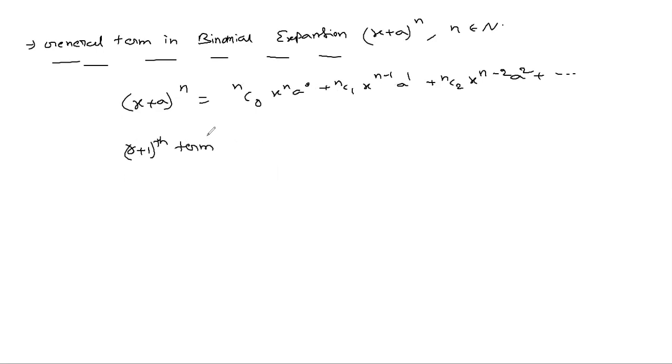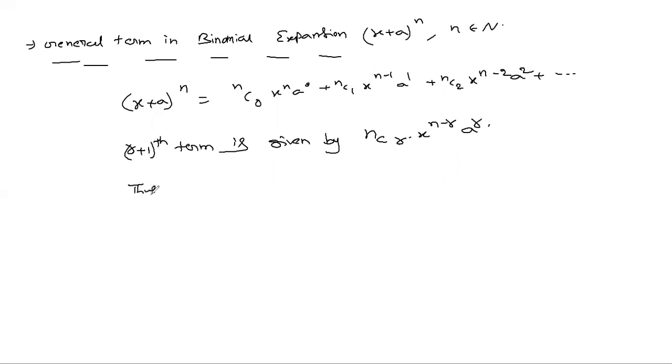The (r + 1)th term is given by nCr x^(n-r) a^r. I think it is very clear for you.